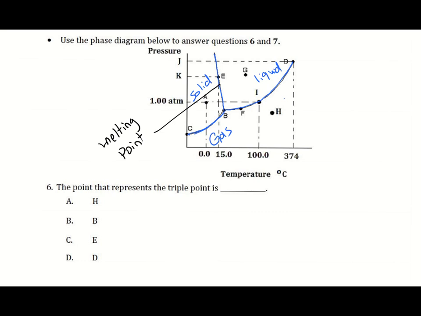The line between solid and gas is the sublimation line or deposition line, because here solid changes to gas or gas changes to solid. Here is the change from liquid to gas, which means it's a boiling point or condensing point. So this line represents the boiling point.